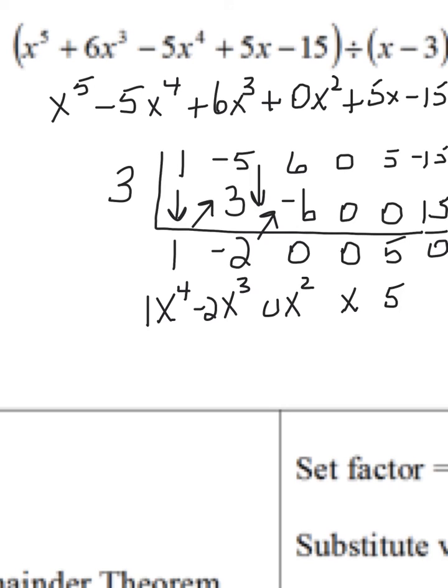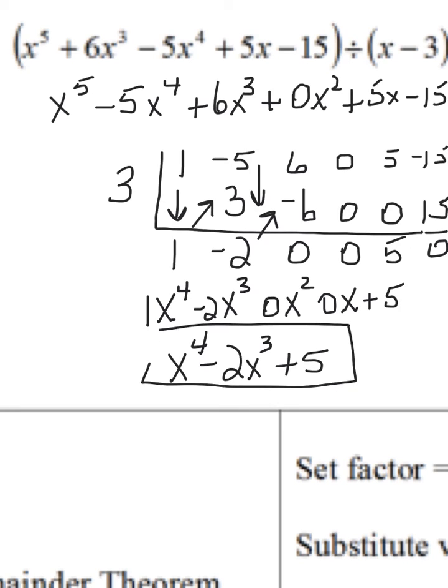We don't have a third term. We don't have a fourth term. And then we have a plus 5 for the last term. So I'm going to rewrite this so that it looks like a regular polynomial without all the zeros. So we have x to the 4th minus 2x cubed plus 5. And that is all. And we're finished.